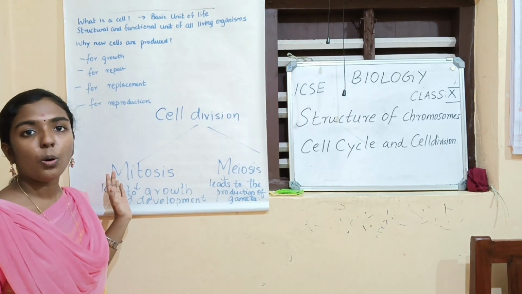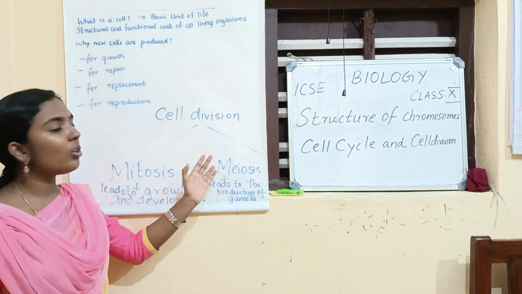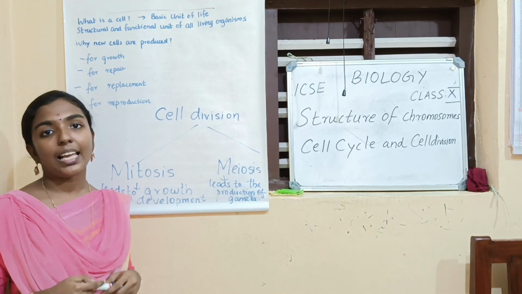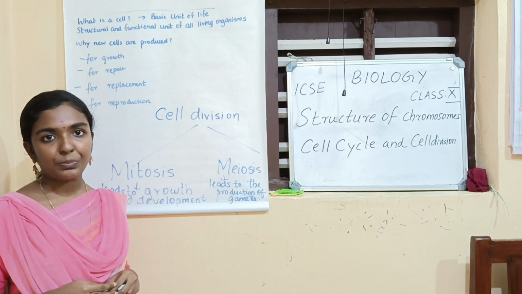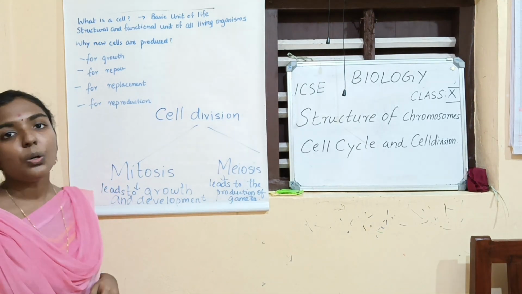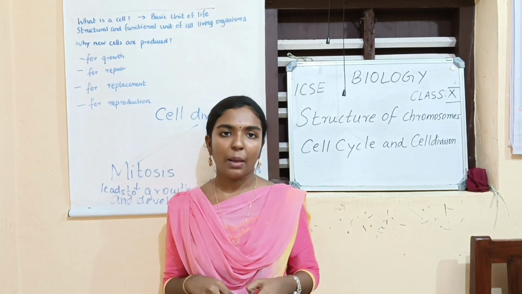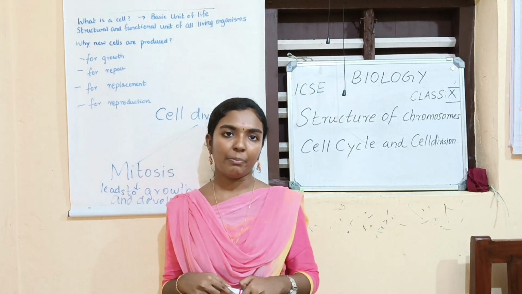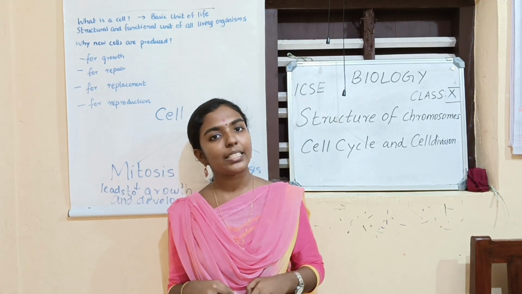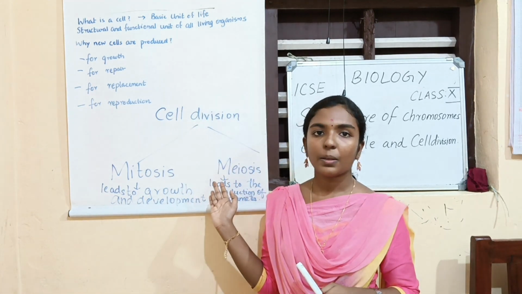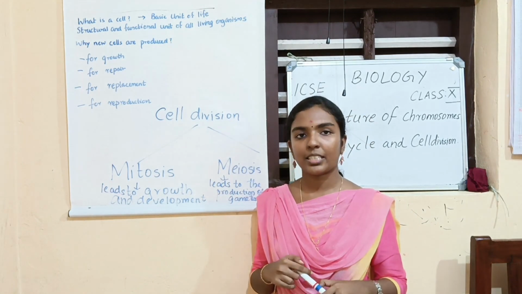So, cell division is of two types, mitosis and meiosis. Mitosis leads to growth and development, whereas meiosis leads to the formation of gametes. Mitosis takes place in somatic cells, whereas meiosis takes place in germinal cells or reproductive cells.